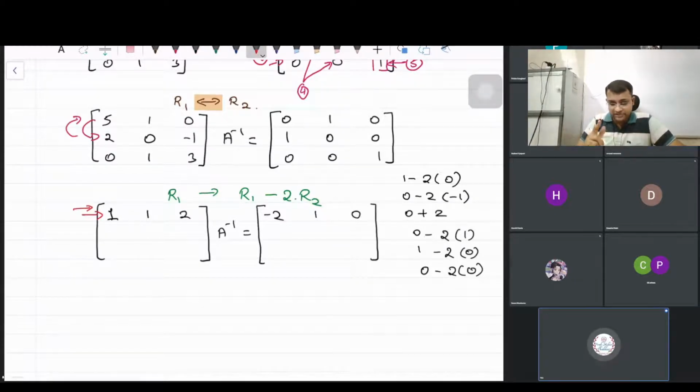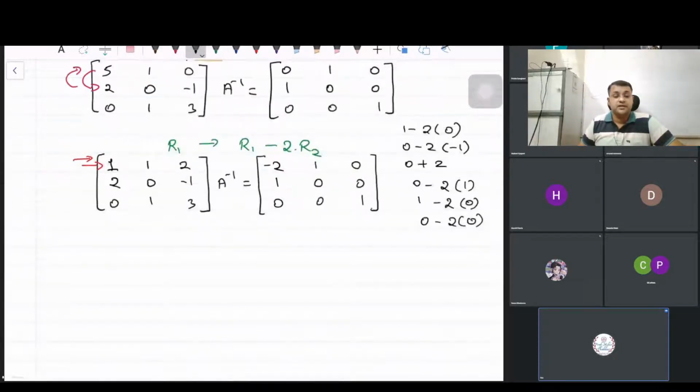I have got that 1. Now I will go with the remaining elements in the next step. Let me just copy down the elements of this matrix over here. Yes, so that is the required matrix.